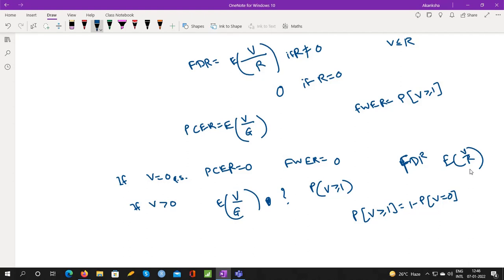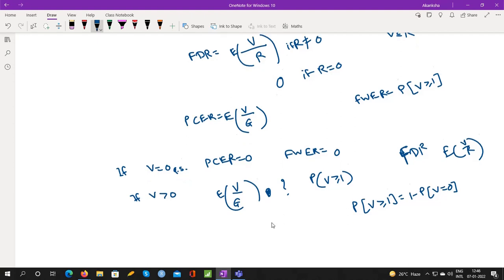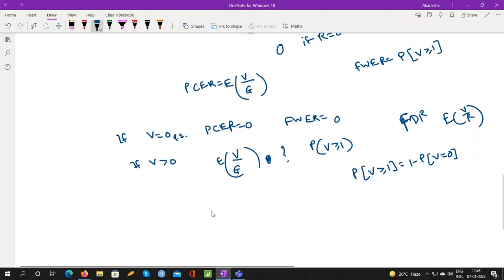In this probability of V greater than or equal to 1, we are considering the case for V greater than 0. Okay. So can we do something with the probability of V equal to 0? What should we do? Tell me.